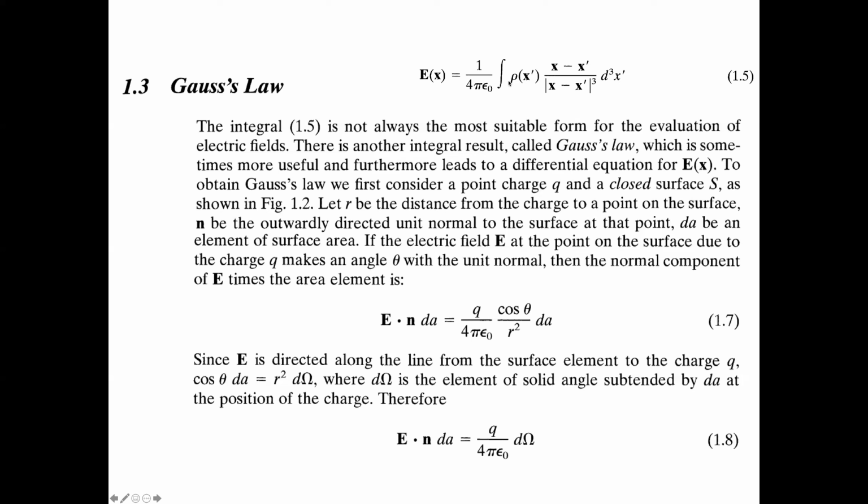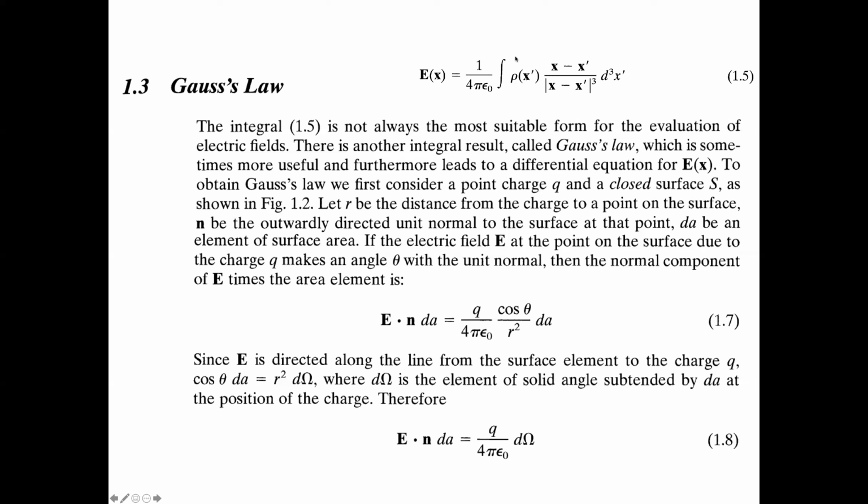So suppose the charge is not a point charge, then it might be a distribution of charge density. So rho is the charge density. And then by doing an integral, you will be able to calculate the total charge in, let's say, a certain volume.